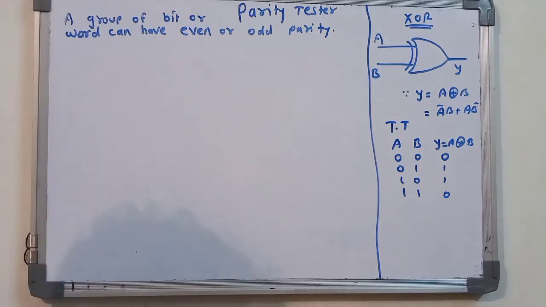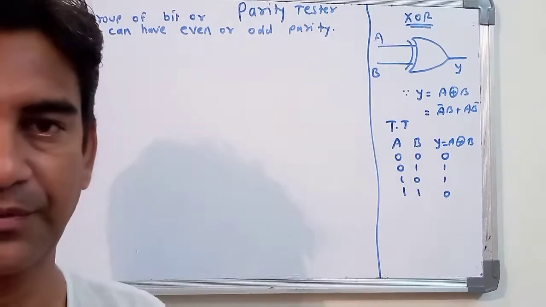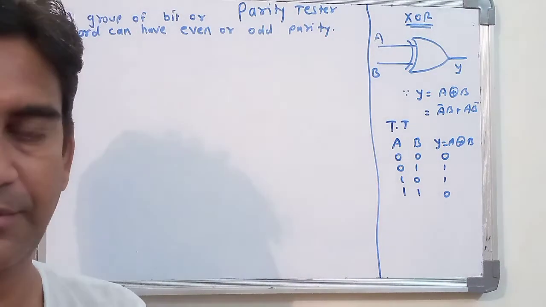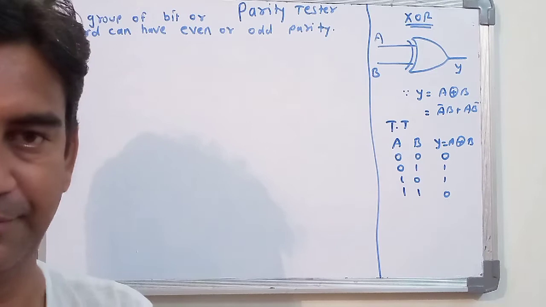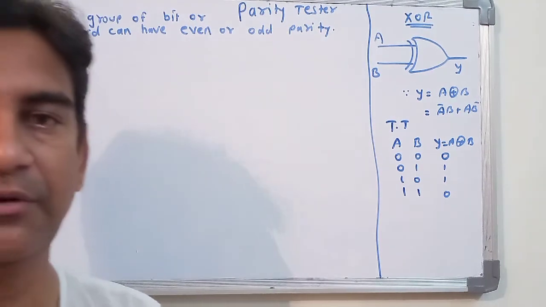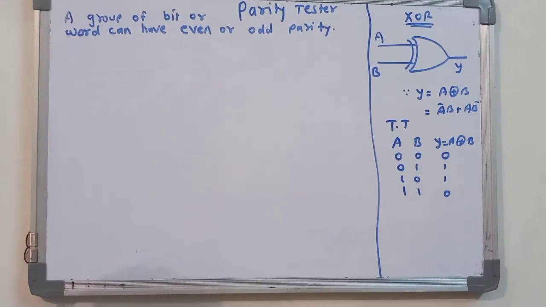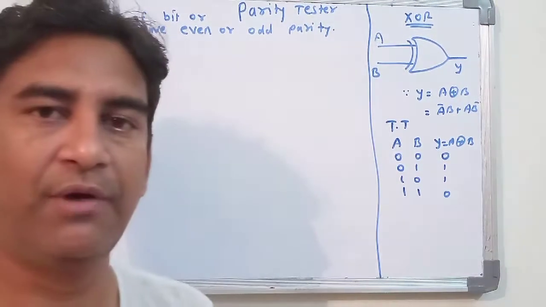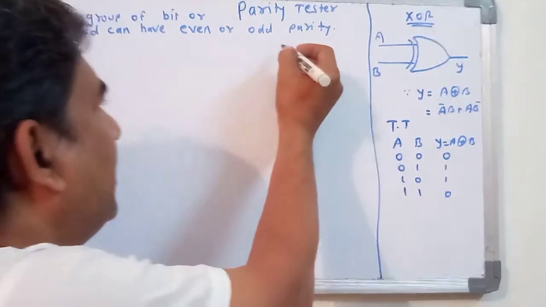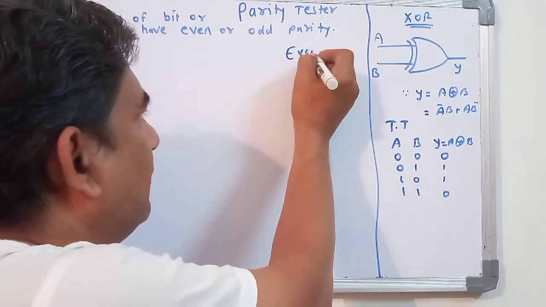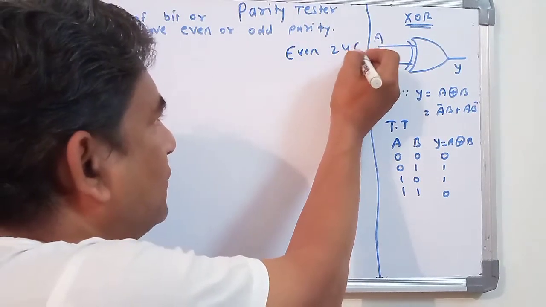Even is nothing but a value, from 0 to 9, that is even or odd. When you use the even numbers, you get 2, 4, 6, 8.